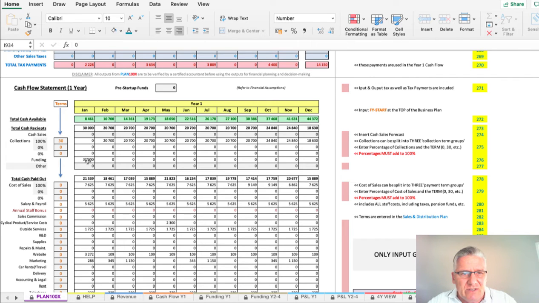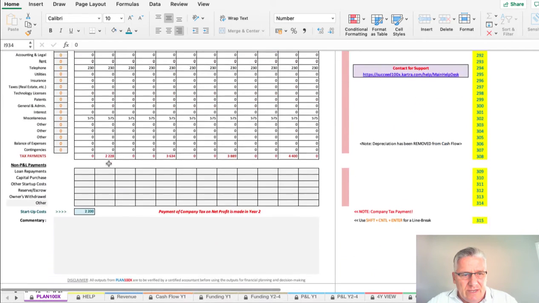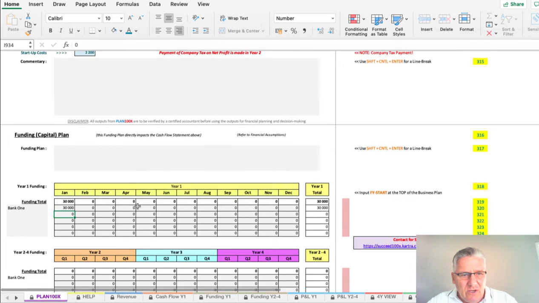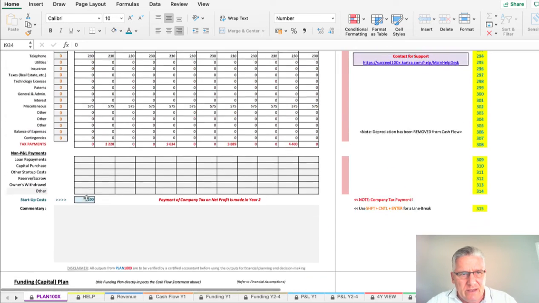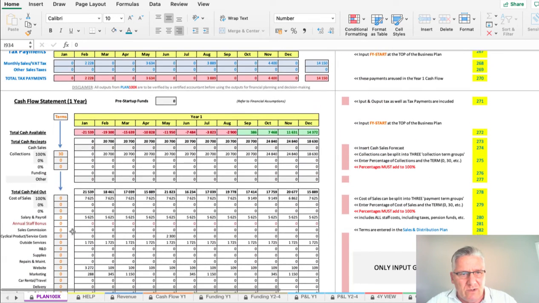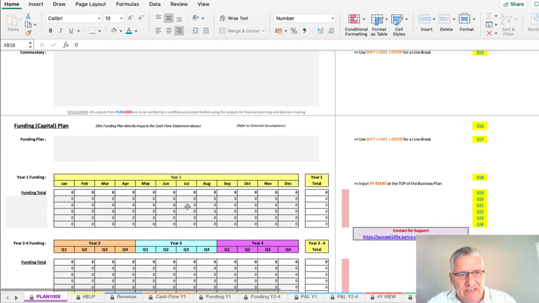So you can see a good example of how to use the capital funding plan tool to put funding into the system and take away those awful cash flow situations. Right, so we're going to put that back to 20,000, and everything looks good. So that's the capital funding plan.